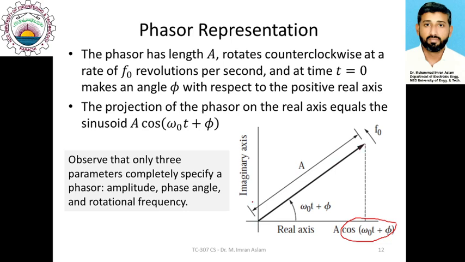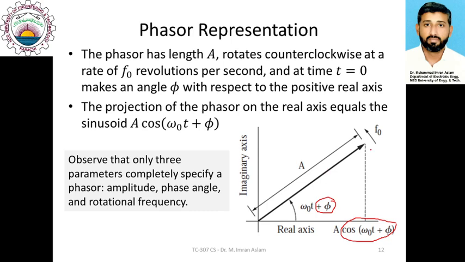As a vector, the amplitude is represented as the length of the vector. So the length of the vector is equal to the amplitude of the wave, and it has a certain phase which is measured with respect to the cosine function, that is, with respect to the real axis, as here. If you look at t equal to 0, in that case the phase angle will be the angle of this vector from the real axis.